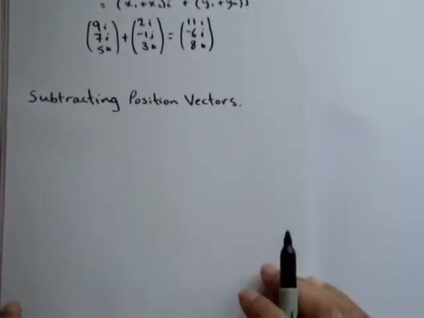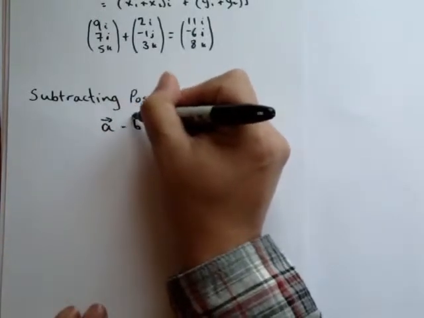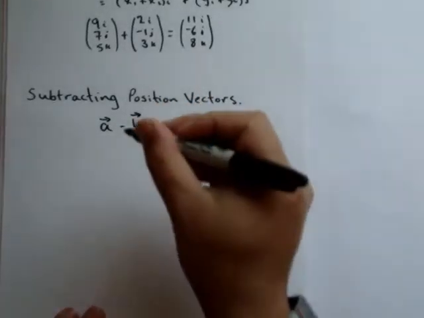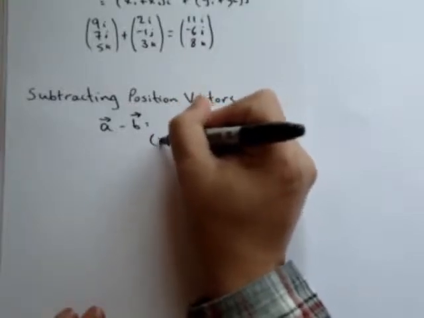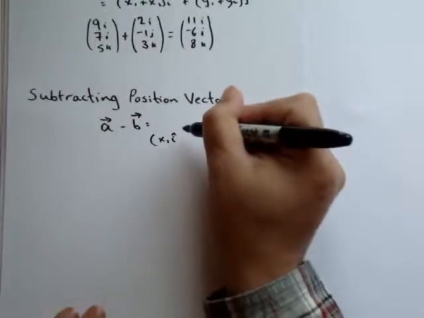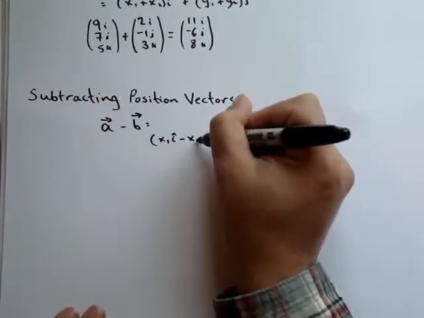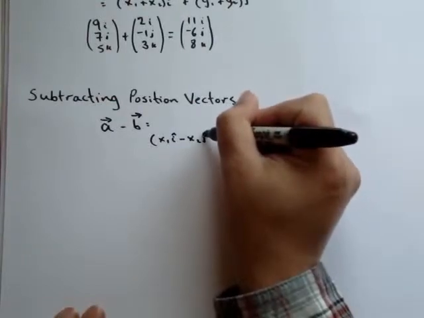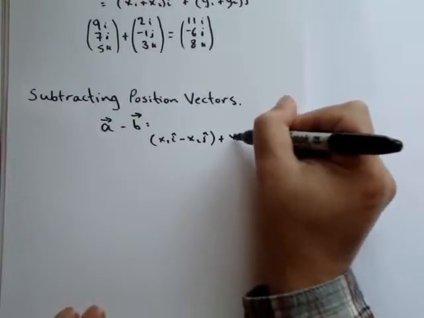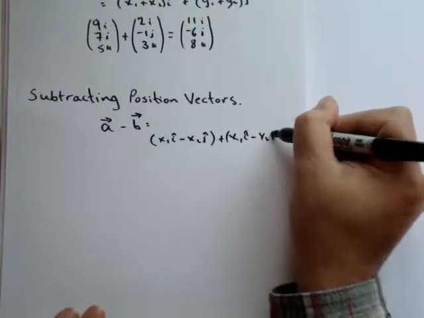When we're subtracting the position vectors, so that would be A minus B, we have x1 i minus x2 i plus y1 j minus y2 j.